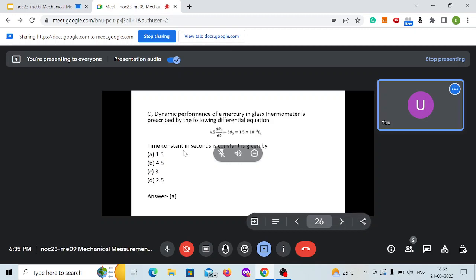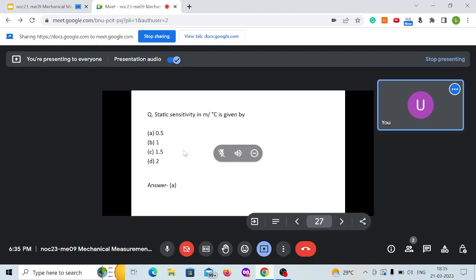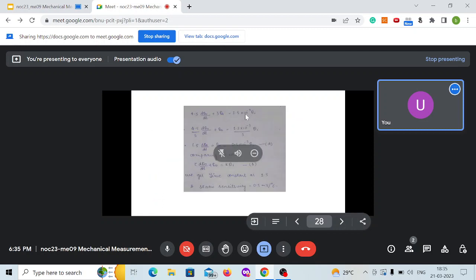So if you see the dynamic performance, the time constant is A, 1.5, and 0.5. Here the equation is 4.5 d theta by dt plus 3 theta o equals 1.5 into 10 power minus 3 theta i. So what we will do is divide by 3. So we'll get 1.5 d theta naught by dt plus theta naught equals 0.5 into 10 power minus 3 theta i.